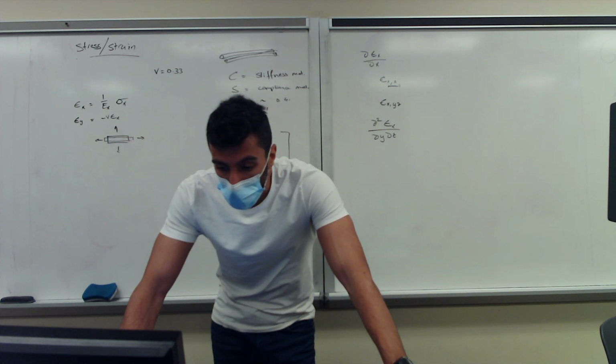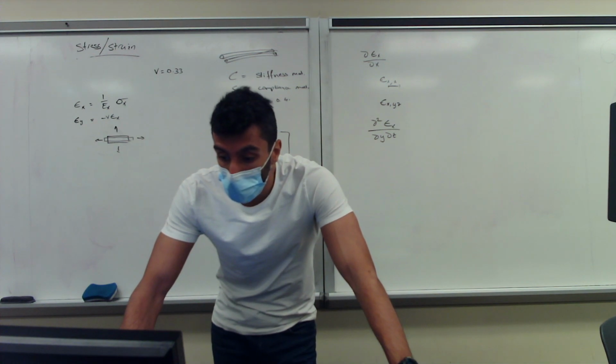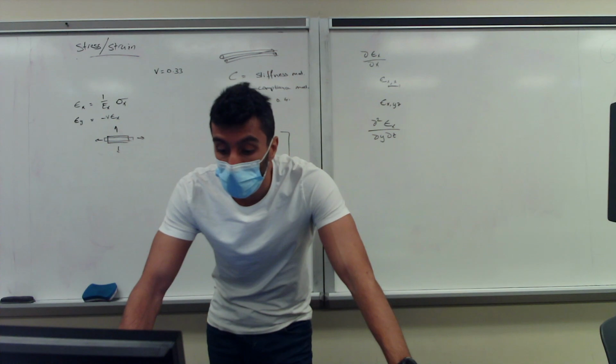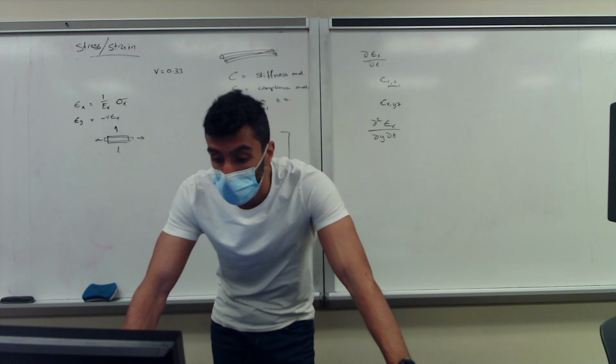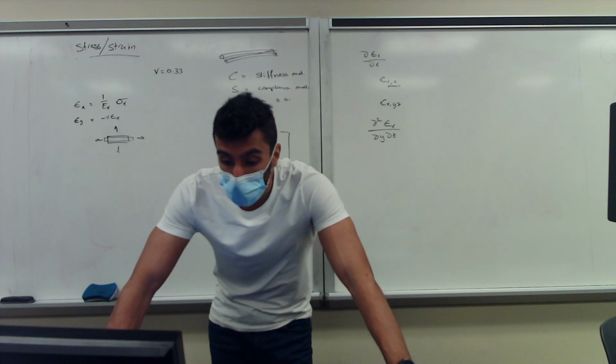If we take all the second order partial differential equations for all the strains, both direct strains and shear strains, we get 6 equations for each, 36 equations total.